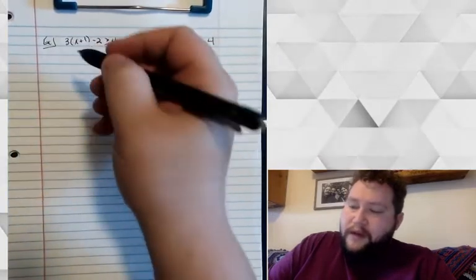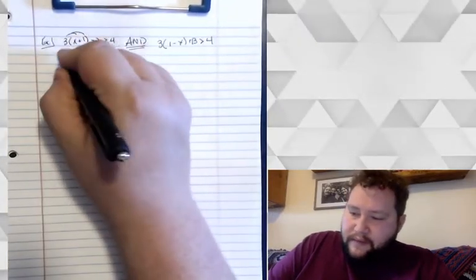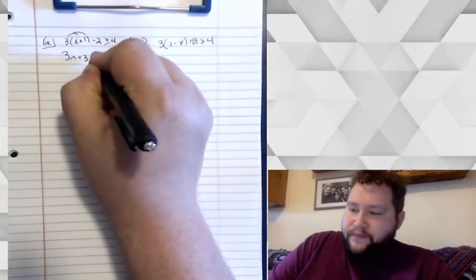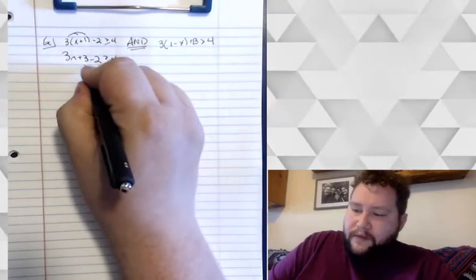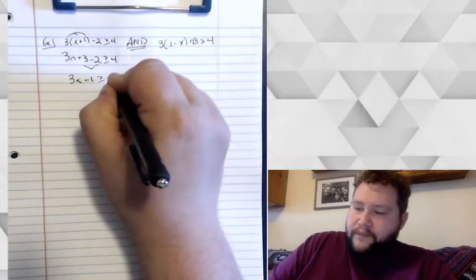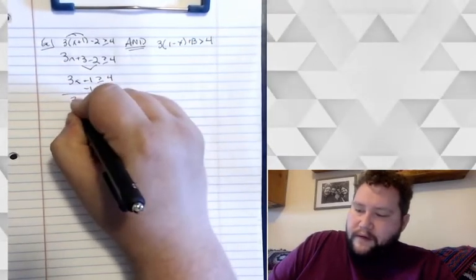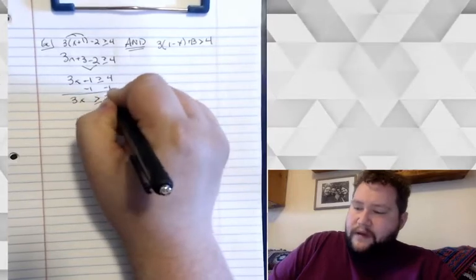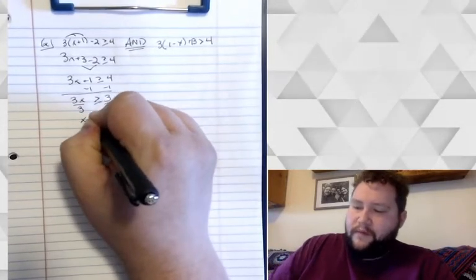And so we can work on them each individually. Distribute the 3. 3x plus 3 minus 2 greater than or equal to 4. We can combine those. 3x plus 1 is greater than or equal to 4. Subtract 1 from both sides. 3x greater than or equal to 3. Divide both sides by 3. x greater than or equal to 1.